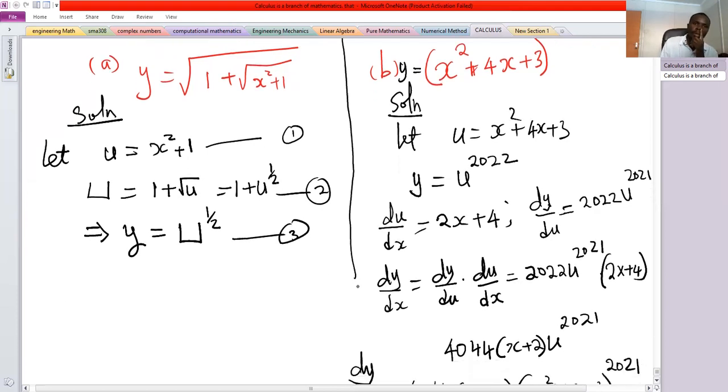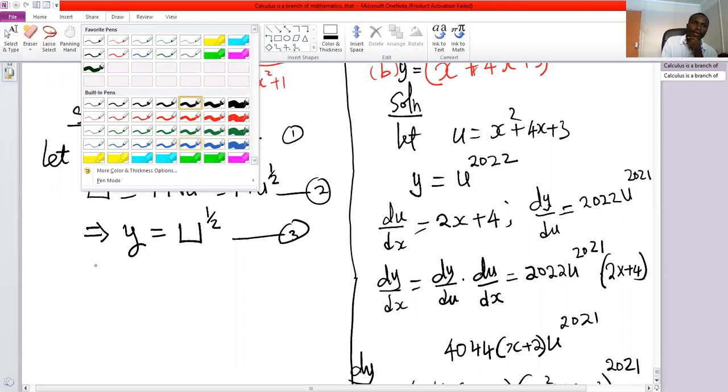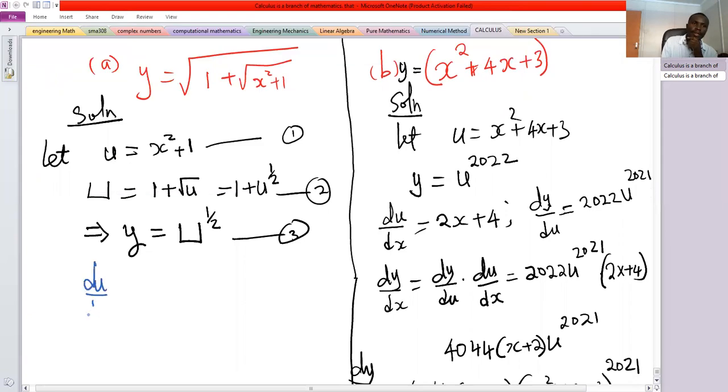So du dx, from 1, is 2x. And then capital U with respect to small u, this second equation, is a half u raised to power minus a half.